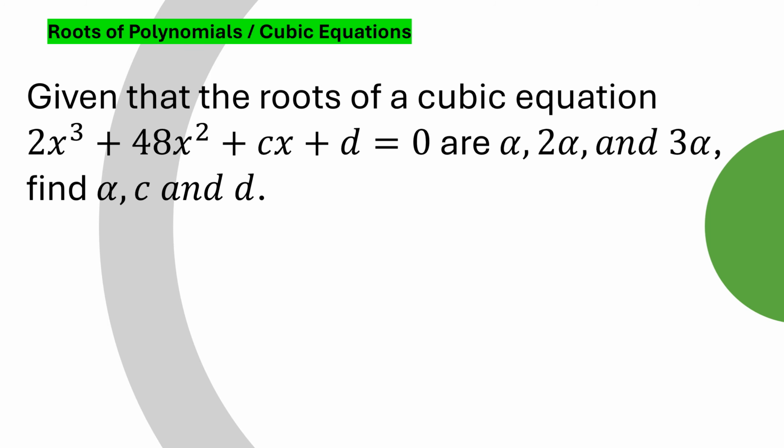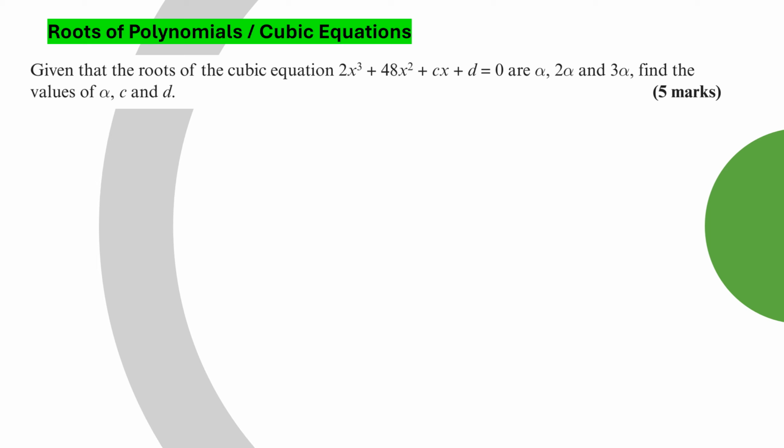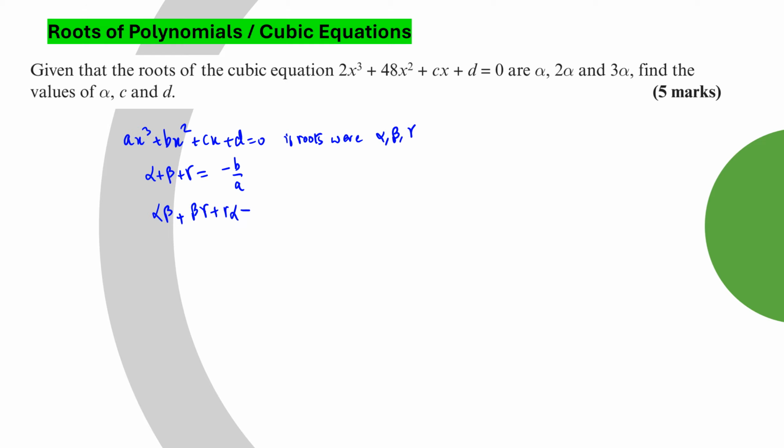So if we had ax cubed plus bx squared plus cx plus d equals 0, and the roots were alpha, beta, and gamma, then we could write the sum of the roots: alpha plus beta plus gamma is equal to minus b over a, alpha beta plus beta gamma plus gamma alpha equals c over a, and alpha beta gamma equals minus d over a.